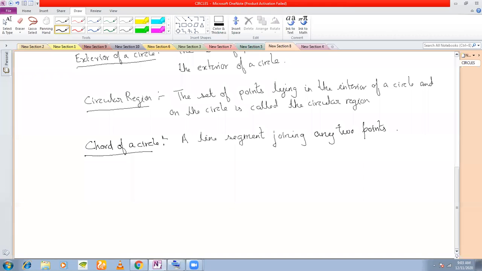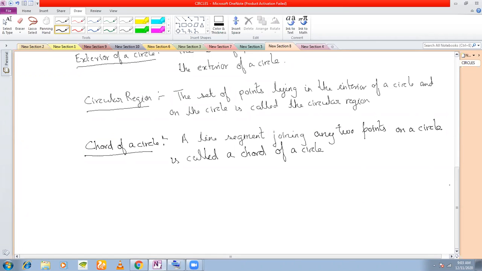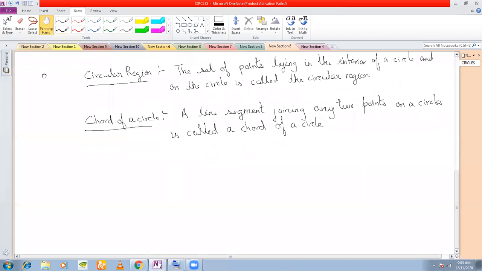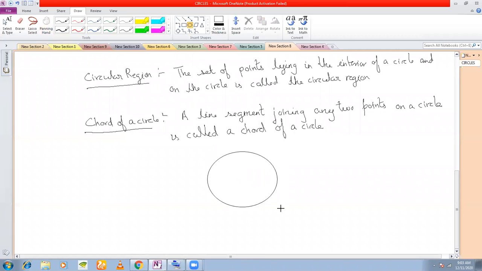A line segment joining any two points on a circle is called a chord of a circle. How does the chord look like? This is a circle. You take any two points on the circle.